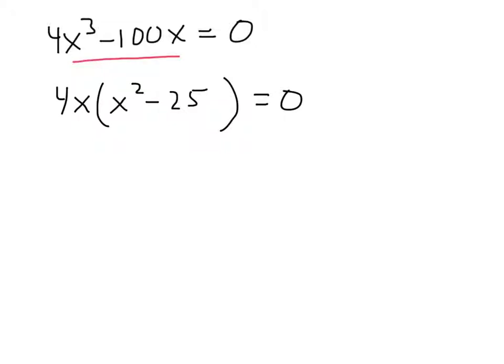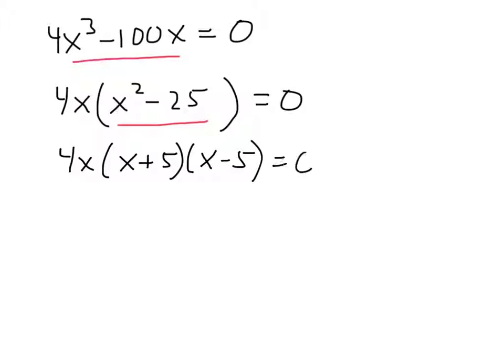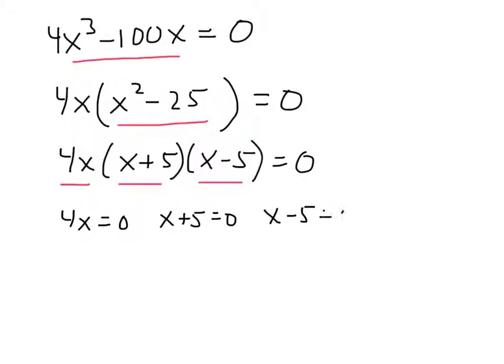And then this is two terms, so that's a difference of two squares. So we can factor that down into x plus 5 times x minus 5. And now next we have to take all three of these factors and set them equal to 0. So we have 4x equals 0, and then x plus 5 equals 0, and then x minus 5 equals 0.